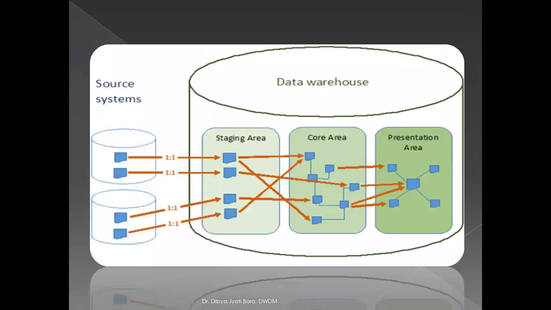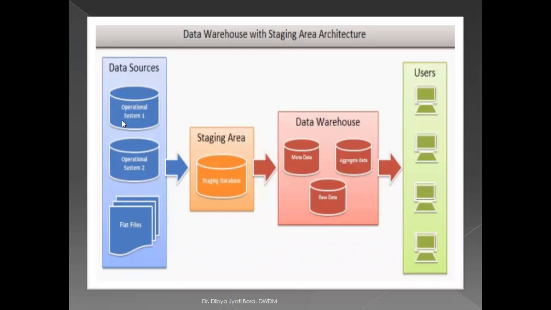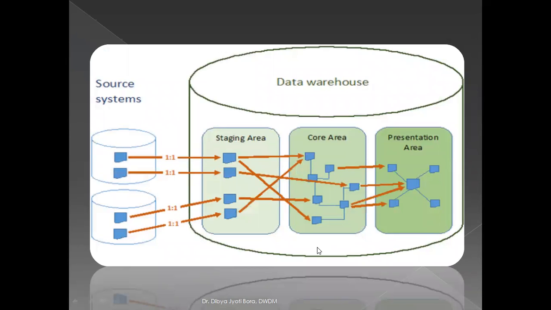In this diagram, you can see that the staging area is utilized by the ETL process, because the ETL tool extracts data from different sources, transforms it from unclean data to clean data, and then loads that processed data into the data warehouse. Okay, is this ETL process clear to you?